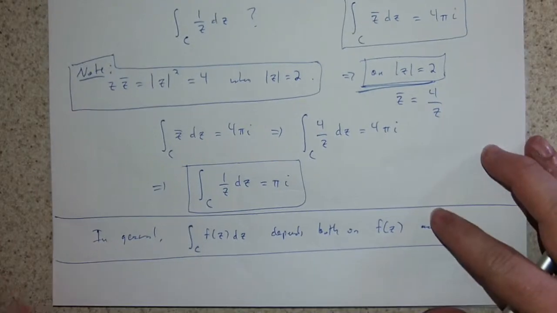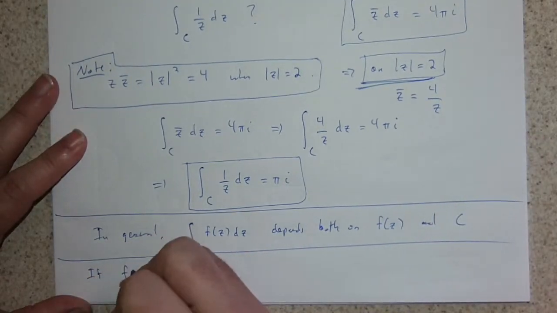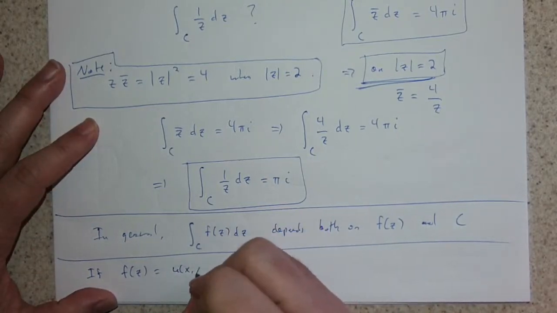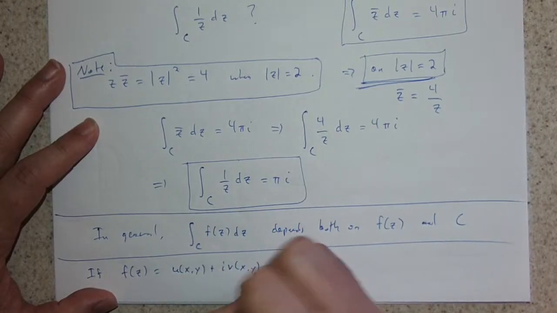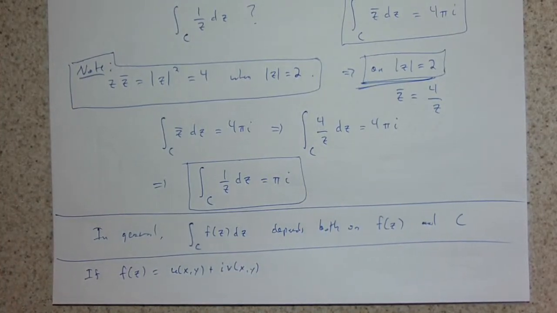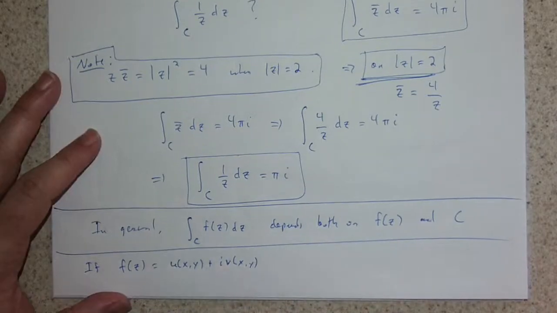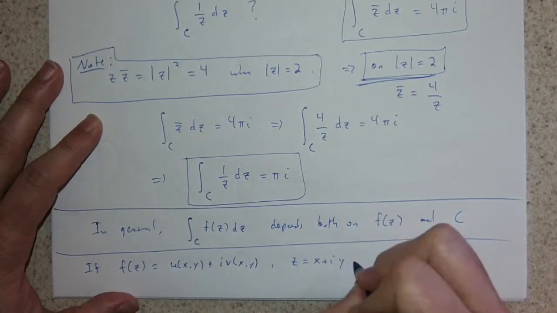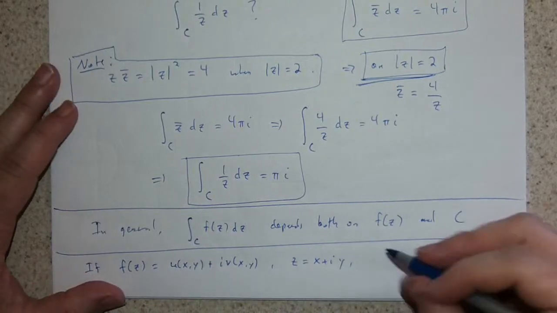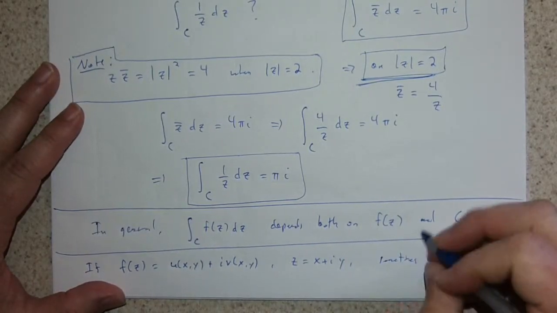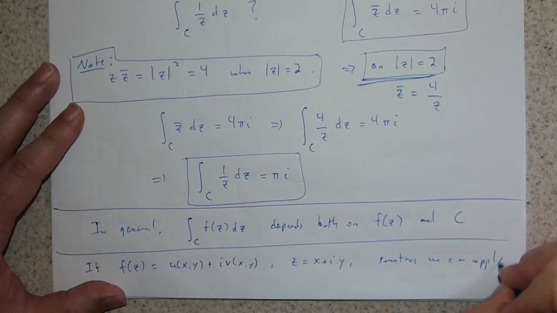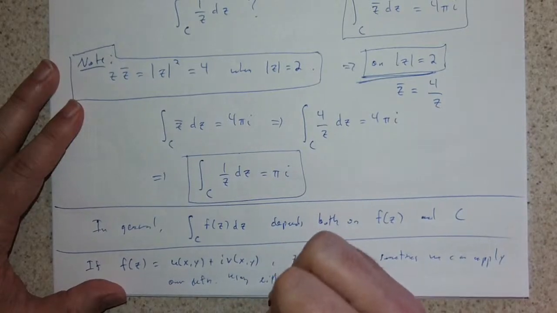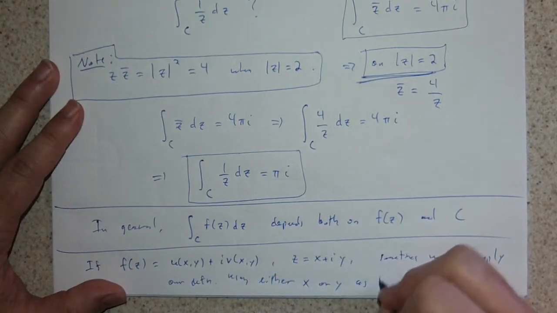One quick note is that if we write f of z in the usual way as u plus iv, and z as x plus iy, as we always do, then sometimes we can apply our definition of the contour integral using either x or y as the parameter.